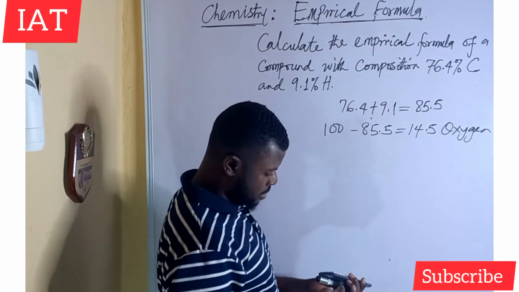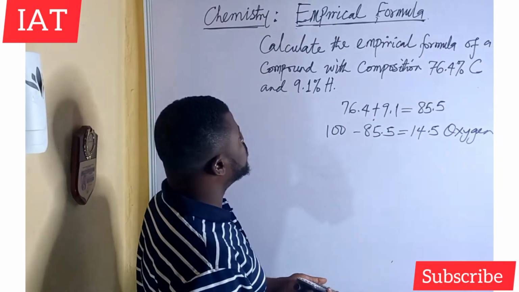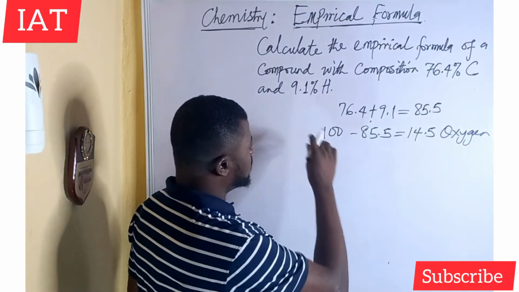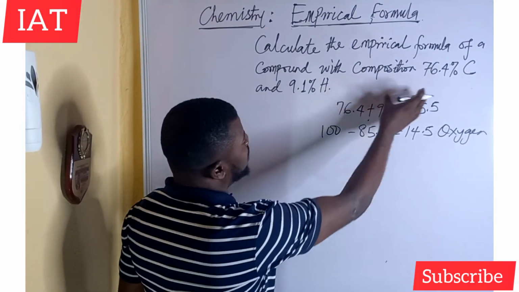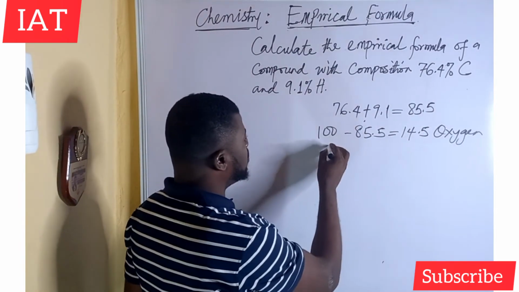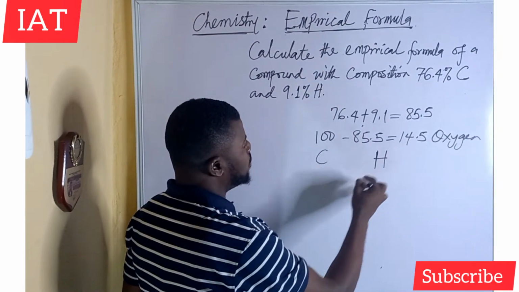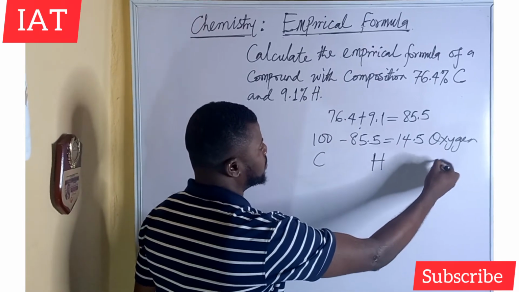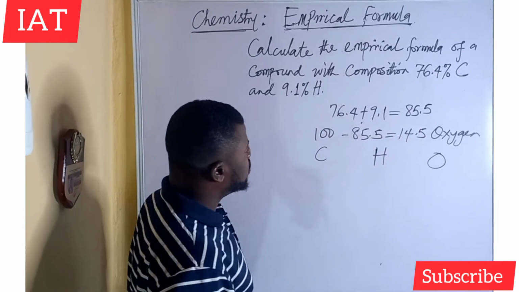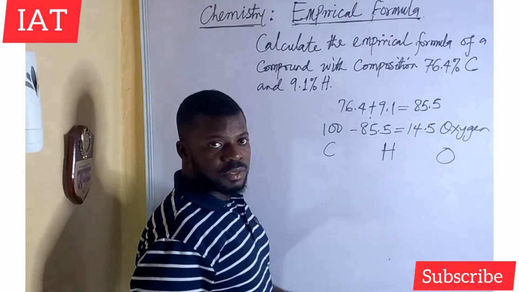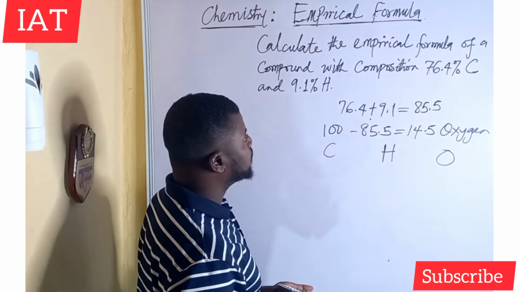All right. So the first thing we have to do when we see a problem on empirical formula is to write down the formations. We have carbon, we have hydrogen, and we also have oxygen by the balance we had when we added up this and subtracted the result from 100.